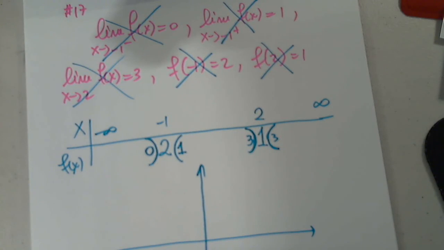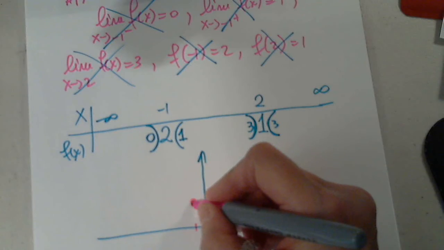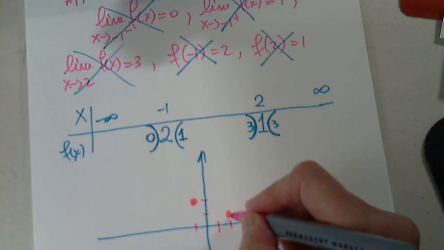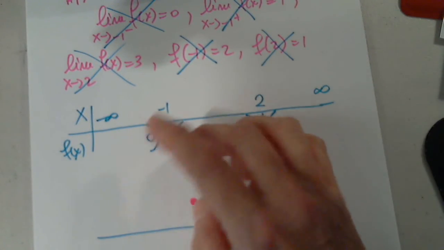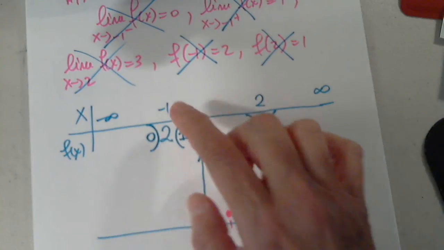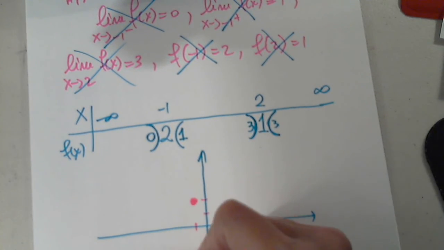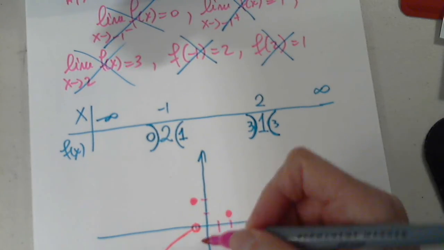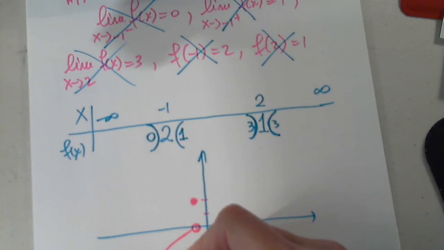I'm going to start with negative 1 comma 2. Of course, I'm going to continue with 2 comma 1. And now it says, on the left of negative 1, the function approaches 0. Okay, fine. You choose whatever you want. You can come from here, you can come from here, you can do whatever you want.